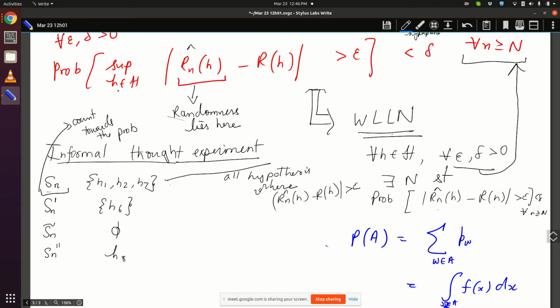The supremum over this set is not a single hypothesis. Is that clear? When I take the supremum over H belonging to the bag of Rn hat H Sn minus R of H greater than epsilon, I don't have one single hypothesis that is consistently violating the error. So it need not necessarily belong to my bag.